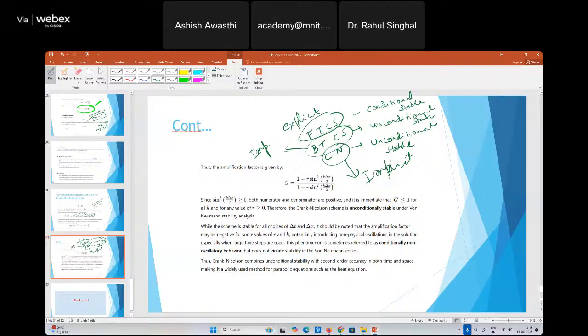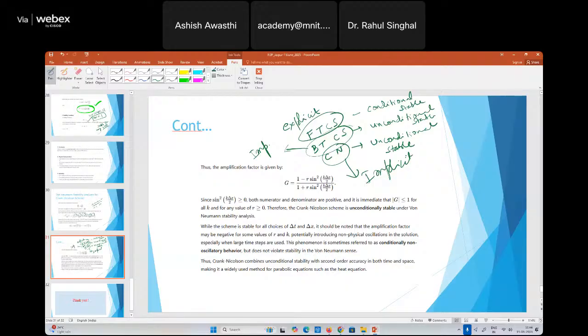If they are not small, you may not feel that much difference, because BTCS will give you order something like delta x square plus delta t, and Crank-Nicolson will give delta x square plus delta t square. So delta t square will be effective if delta t is sufficiently small. Otherwise, delta t and delta t square may be similar. Not much difference, right?